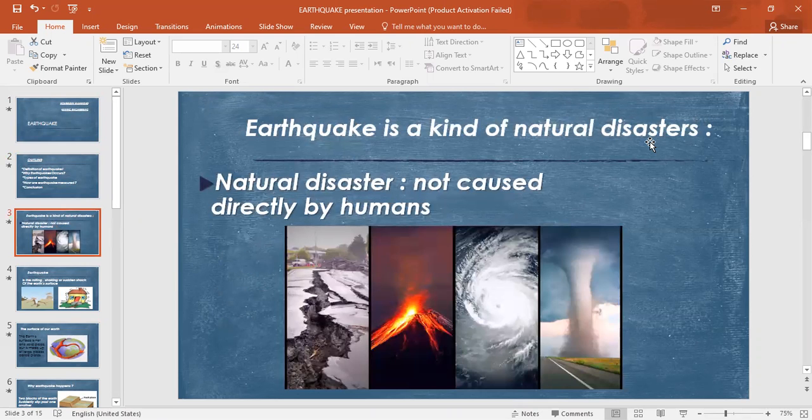What is earthquake? Earthquake is considered as a kind of natural disaster, such as tornadoes, hurricane, wildfire, and volcanic eruption. These natural disasters are generally not caused directly by humans, but unfortunately we live with the after effects for a very long time span.